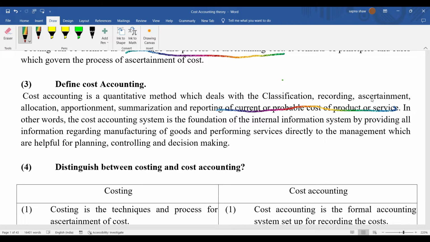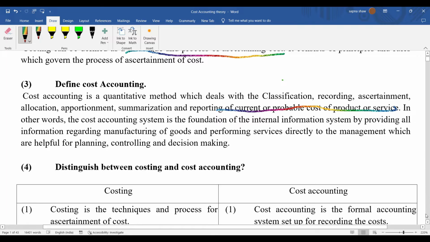Understood? So this is one thing, but we will still discuss what are the objectives of cost accounting. For now we can say that cost accounting is also a technique of ascertaining cost, but it is a very formal technique, wherein we classify the things, we record the things, and finally we ascertain the cost of producing a particular product.